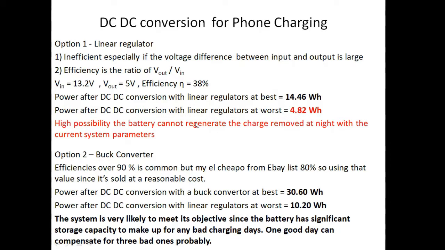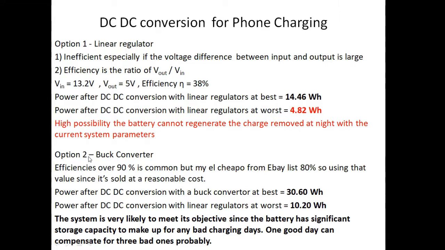There's a high possibility that this system will not generate back the power it requires on a bad day. The good day isn't that far above. While the battery has the extra storage capacity to rally us, it isn't that far above what we may be pulling. So it doesn't work for the system. This linear regulator is killing all our power. We are losing too much power.